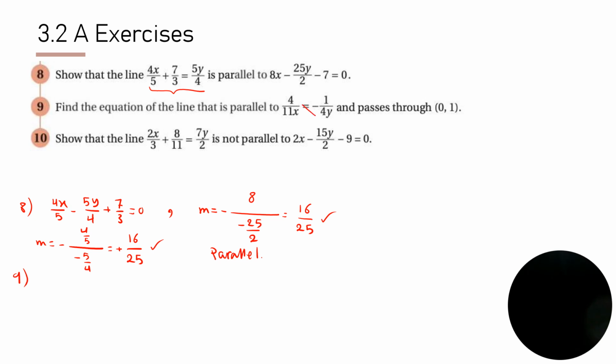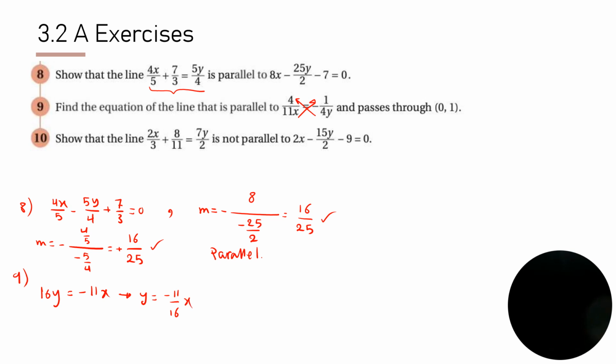Therefore, we cross-multiply them. It's going to be 16y equals negative 11x. Then divide by 16 to make y isolated. It will be negative 11 over 16x, which is the gradient of the line.